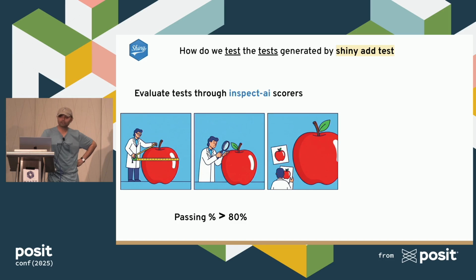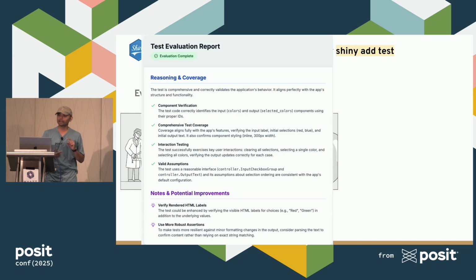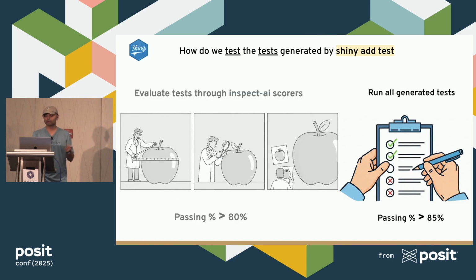For that, we use something called Inspect AI, an evaluation framework in Python that allows you to grade the quality of the response you get from the LLM. So we check: was the test using this controller? Was the test using this method inside the controller? Did the test have a reasonable fixture? We rate it based on that, and only if it passes more than 80% will we allow it.